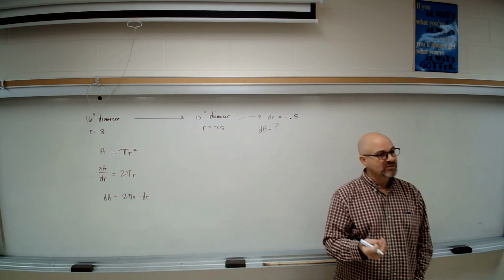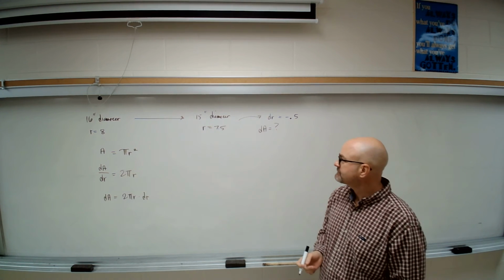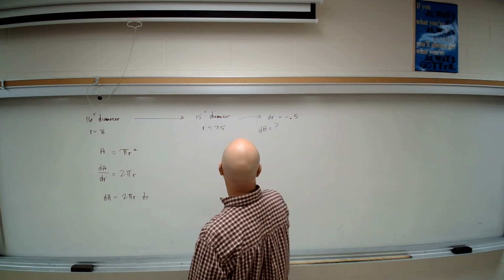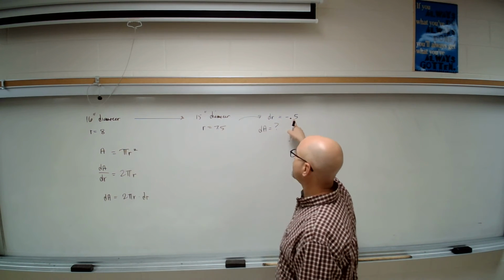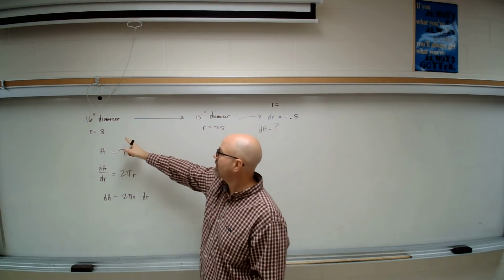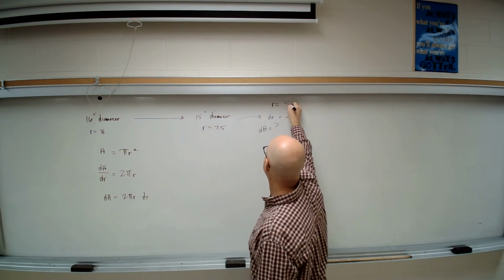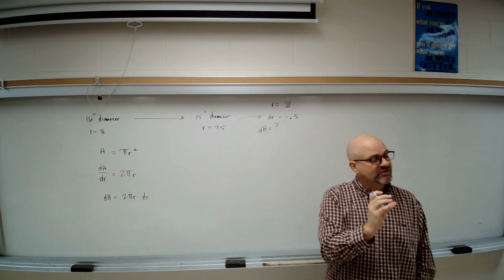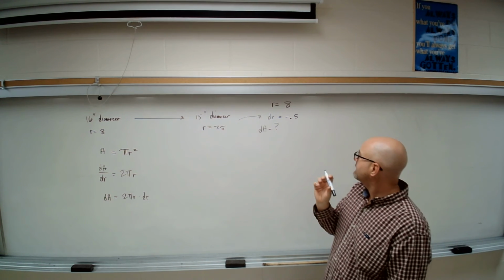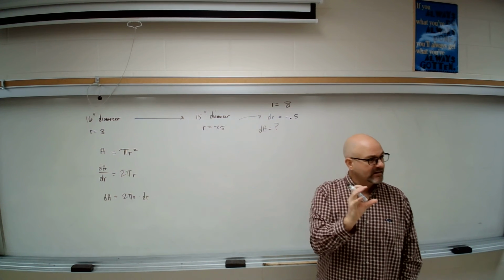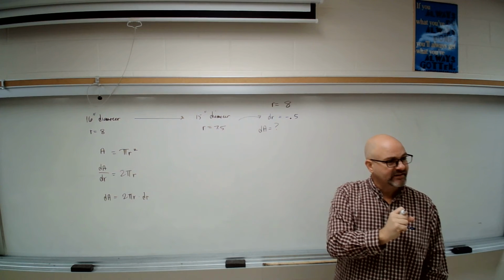We just multiply both sides by dr. So now we know we're decreasing it by this much, but our r value, the thing that's giving us our equation here, is going to be 8. We're going to start at 8, and we just want to know how much area we take away if we take this half inch of radius away.